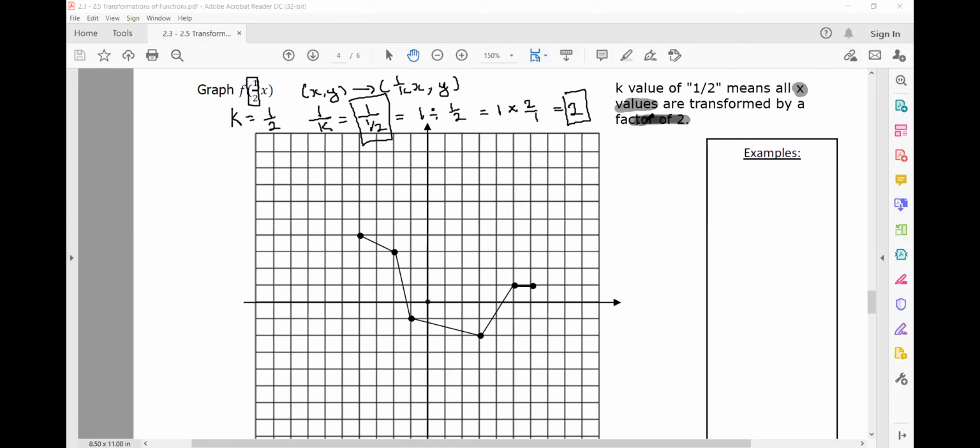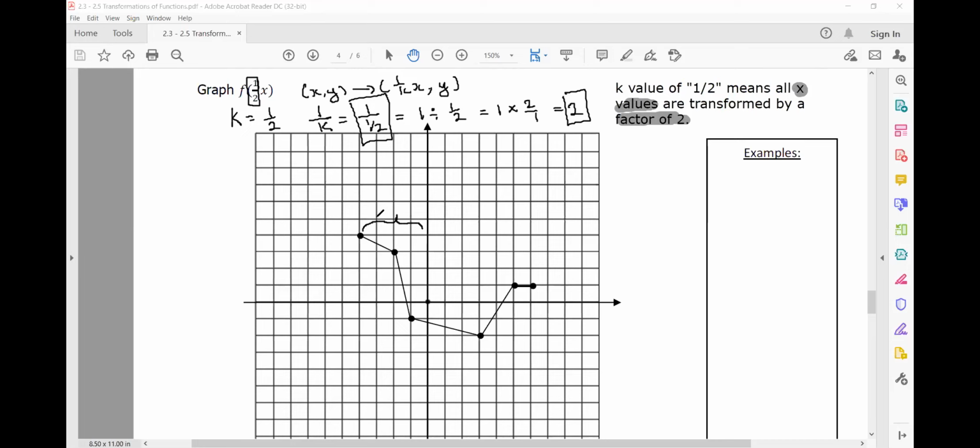All x values are multiplied by a factor of 2. I'll say it one more time. All x values are going to multiply by 2. Monica, are you with us? Yeah.